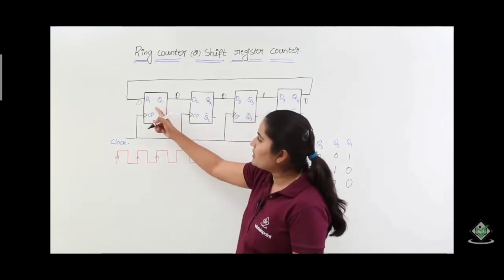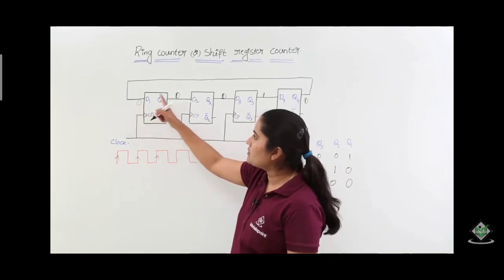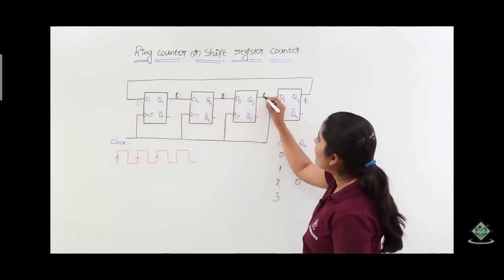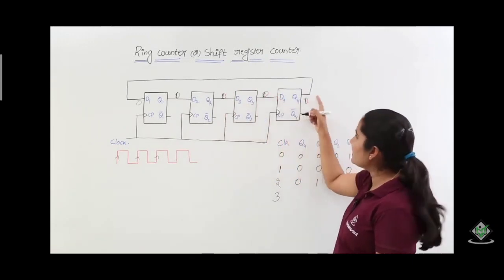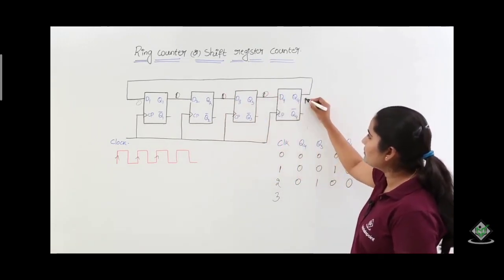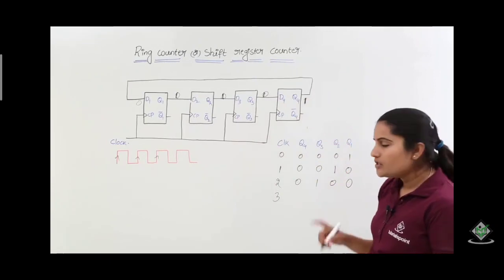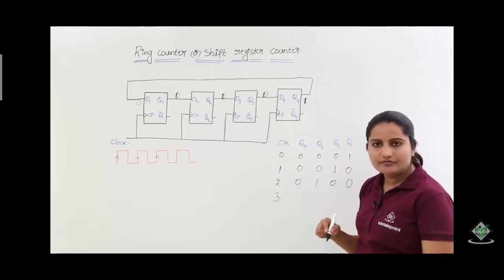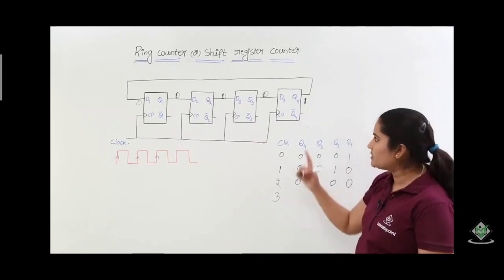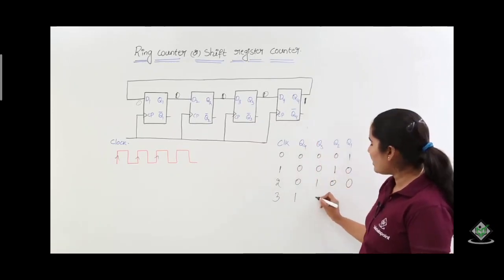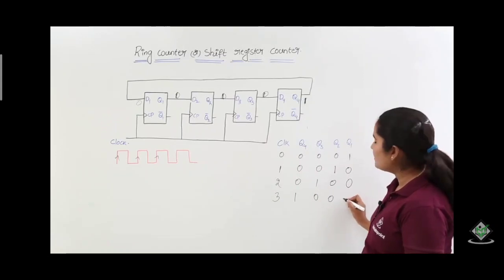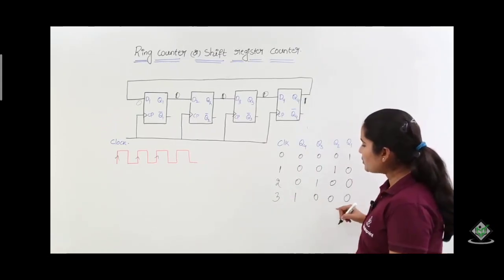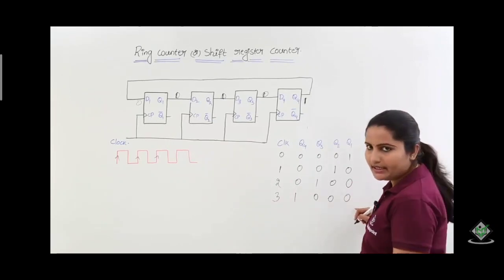Then the D flip flops take this 0 to here, this 0 to here, this 0 to here, and whatever 1 is there goes here. You are getting 1 here. So after application of the third rising edge, your output is 1 0 0 0. After application of the third clock pulse, you are getting it like this.